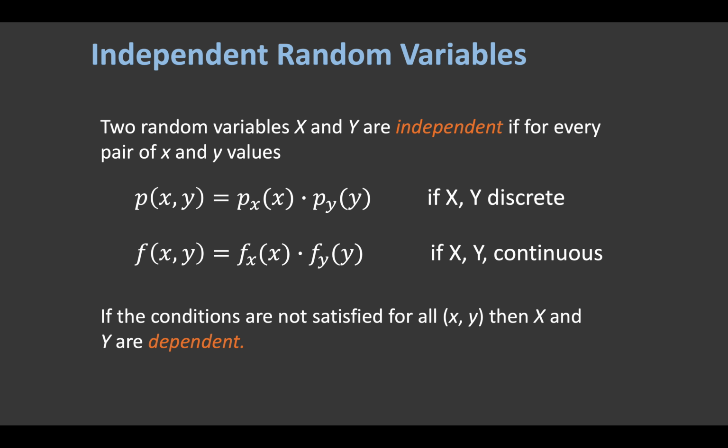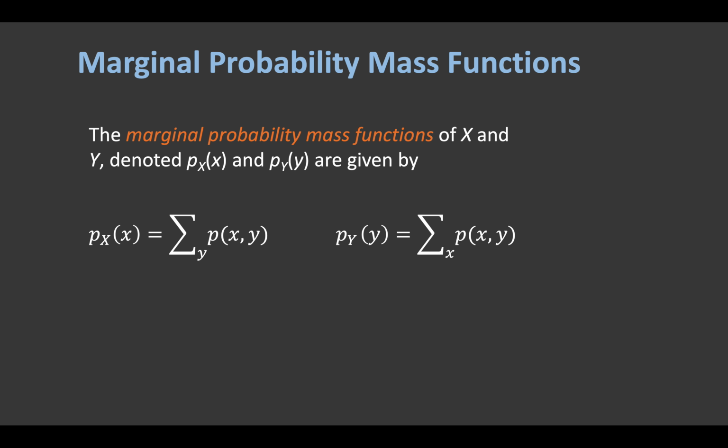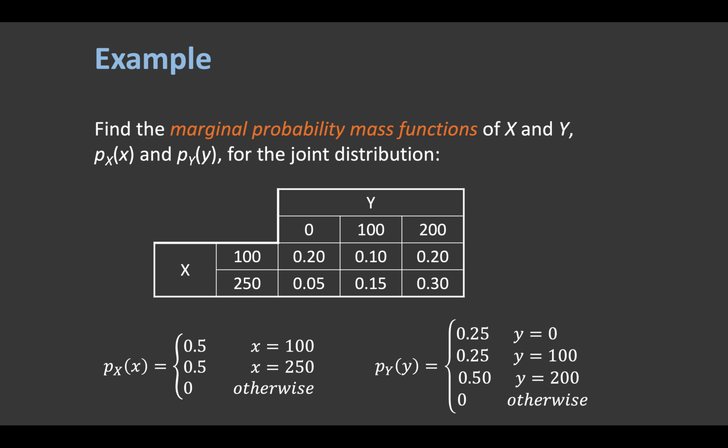So that means, let's say for discrete random variables, there can be many cases, right? Remember what we had before for the marginal ones. Here we have the marginal mass function for X, there are 2 values, and for Y, there are 3 values, right? So there are many cases.